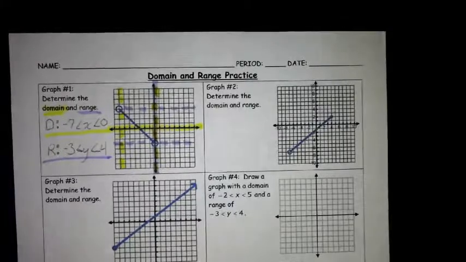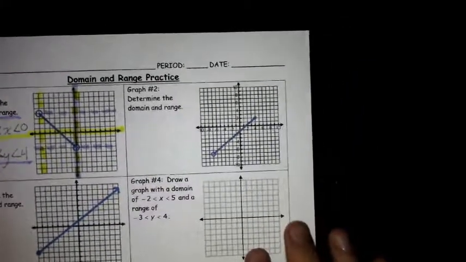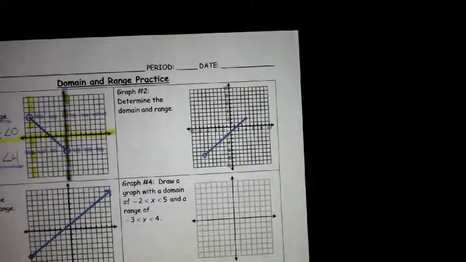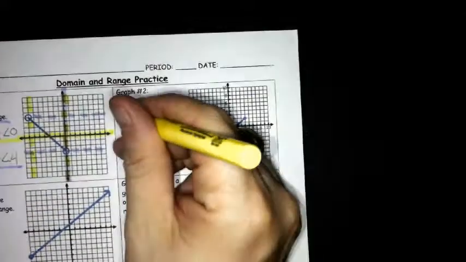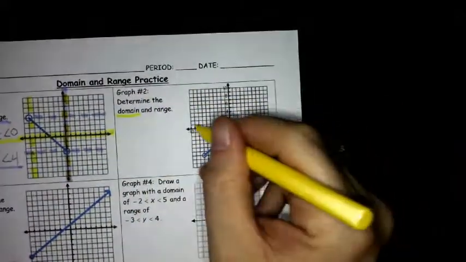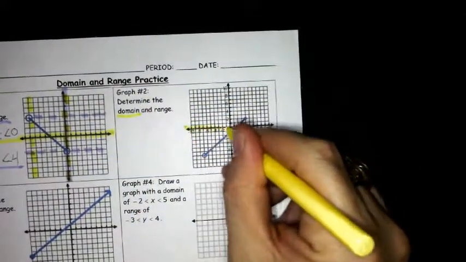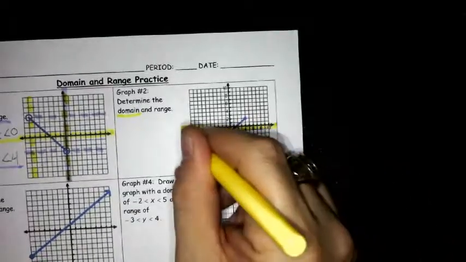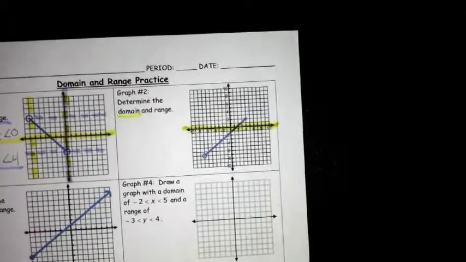Let's go ahead and take a look at graph number 2. Again, I'm going to do my domain in yellow. So I mark my X-axis, and I look at what my X coordinates are.